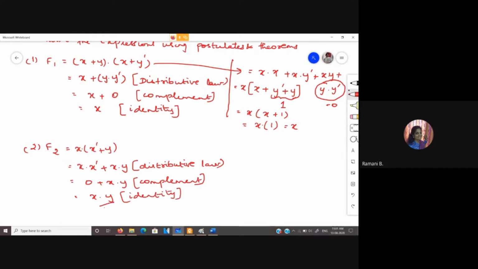Okay, so this particular expression x dot x bar plus y can be simplified as xy, and this particular function can be simplified as simply an x. Okay, this is how we do simplification of any Boolean expression using the postulates and the theorems. So the postulates and theorems, yesterday I showed a table. So with respect to that, we do this.